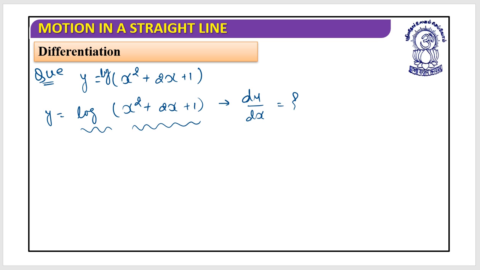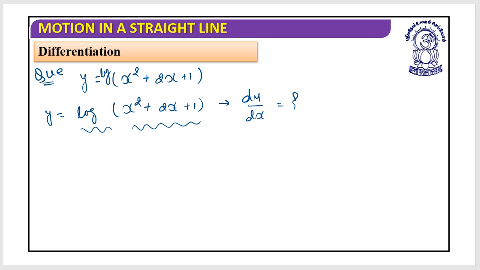Now tell me, if it was only y is equal to log of x, and you have been asked dy by dx, can you do it? Are you sure? In this situation your answer would be yes sir, definitely. If y is equal to log x and we have been asked dy by dx, it would be 1 by x only, that's it.